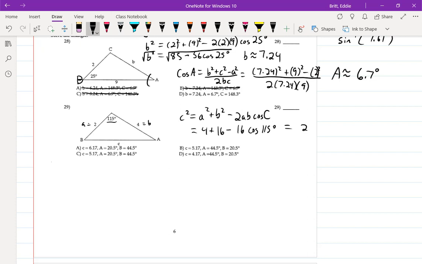So that's 20 minus 16 times the cosine of 115 degrees. Now remember, that's what C squared equals. So if we take the square root of that, that'll be what C is equal to. So I'm going to do that in my calculator.